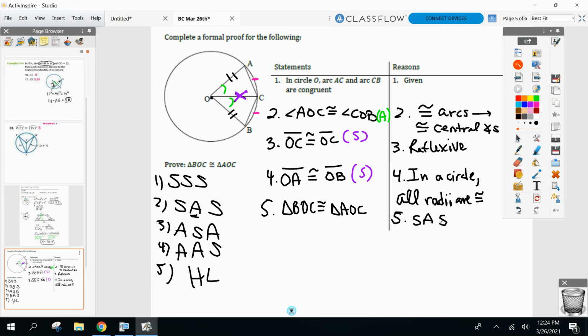Let's give them a proper name. Chords. So if anybody at home was going to tell me that chord BC was congruent to chord AC, you would have been correct. And yes, we could have proven the triangles congruent by side. Is there a special symbol to denote a chord? No, you just write line segment, just like the radii.